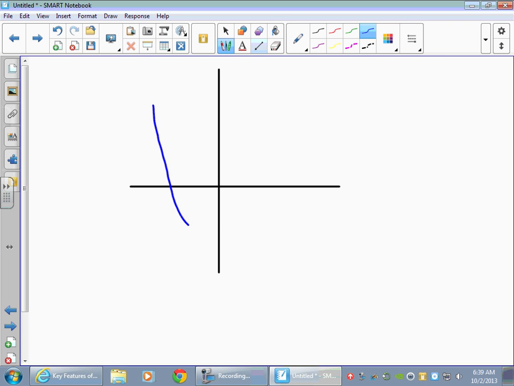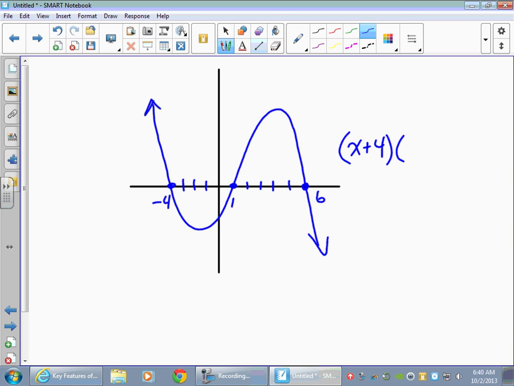So if I just look at a simple graph like this, these key points here are what we call the zeros of the expression. And if we just assume that these are fairly evenly spaced, 1, 2, 3, 4, 5, 6, 1, 2, 3, and negative 4, it means that in my expression, I will have these values.